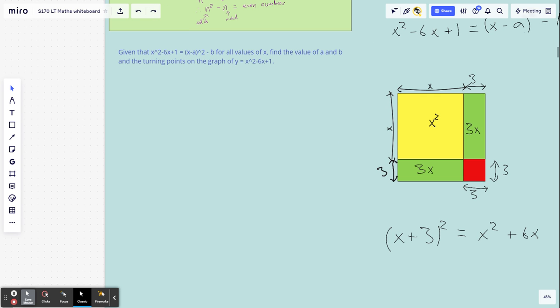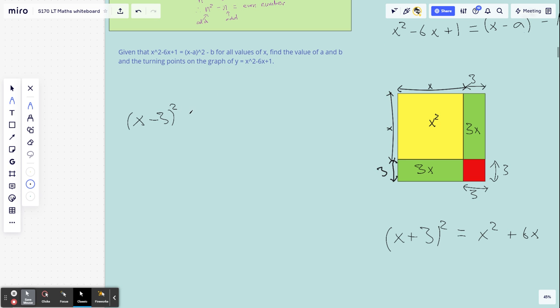What I'm going to do first of all is see what happens when I have x minus 3 all squared. Because if we want to factorize this, we're looking for two numbers that add to give -6, and if we want those two numbers to be the same, then it'd be -3 and -3.